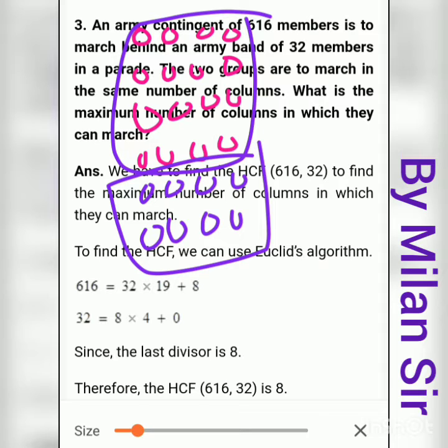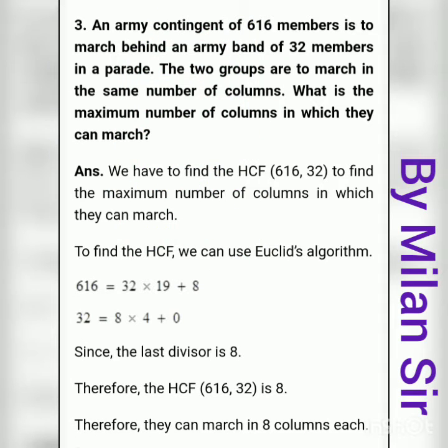So for that, what we need to do: here we have 616, here we have 32, so we just need to find the factors of 616 and 32. Because both these numbers are divisible by their factors only. If it is divisible, then we can properly arrange it, right?